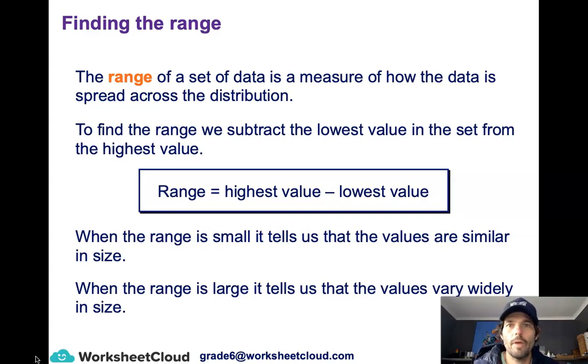My distance playing golf is probably going to be less than 100 meters. One of you might be a few hundred, and then you can see the range is going to be quite large. So it's useful knowing why ranges are big and why they are small. Just remember that to work out the range, you need the highest value minus the lowest value.